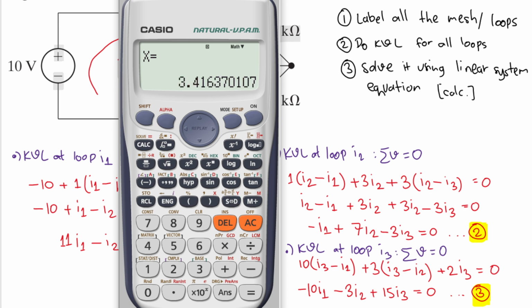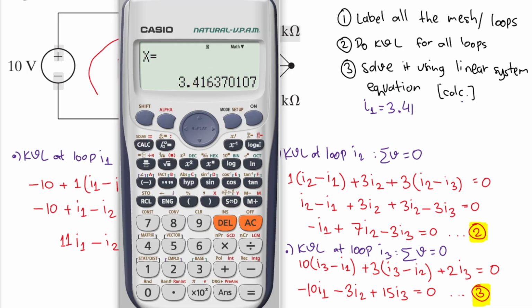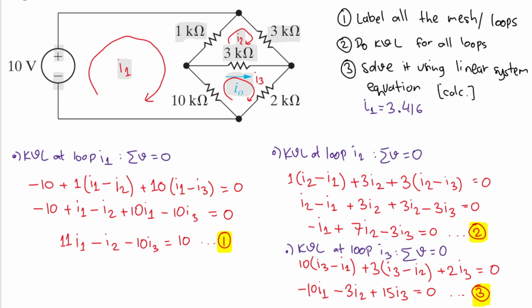Okay, let's save that. I1 is, what is it, 3.416, I think. And the unit will be in milliampere because this is volt and this is kilo ohm.